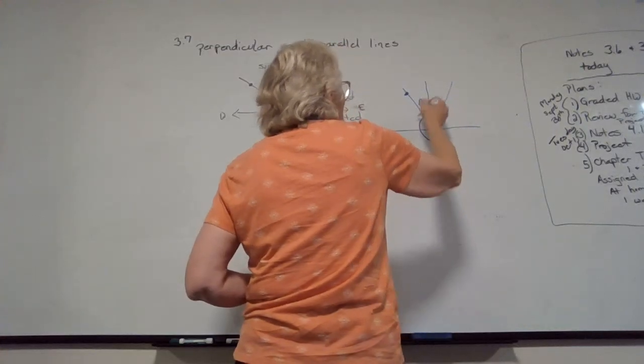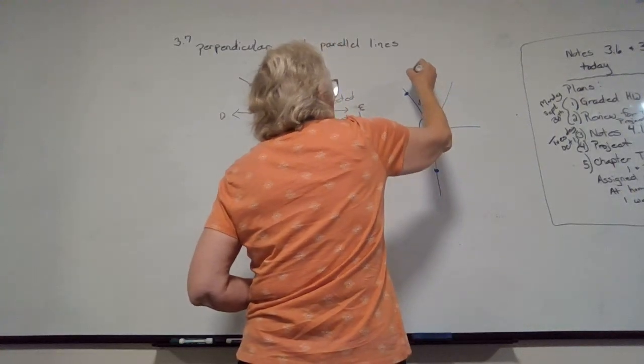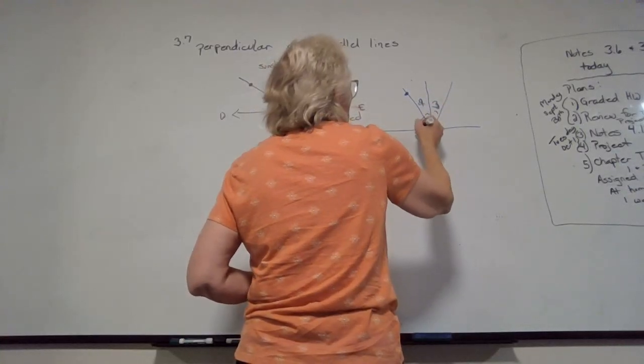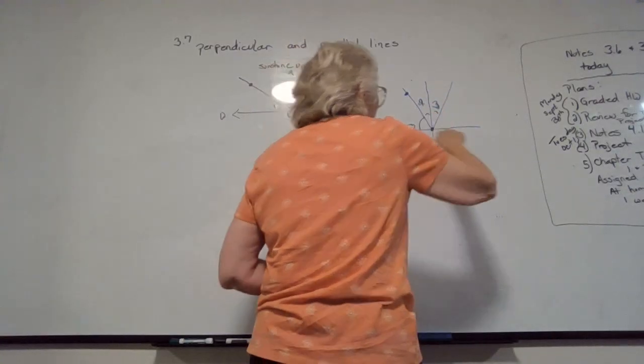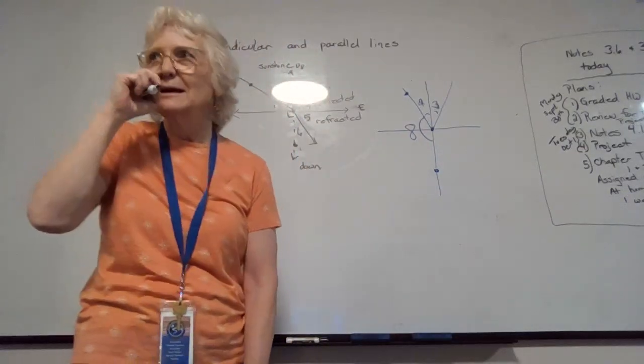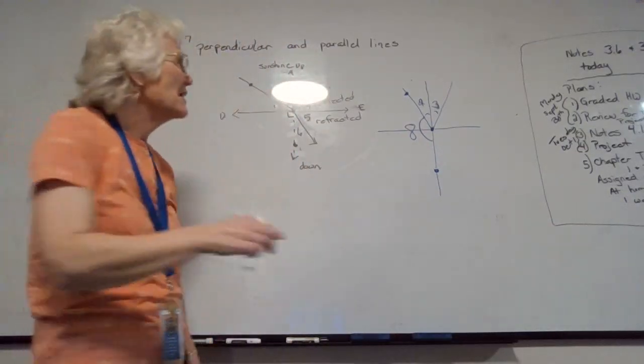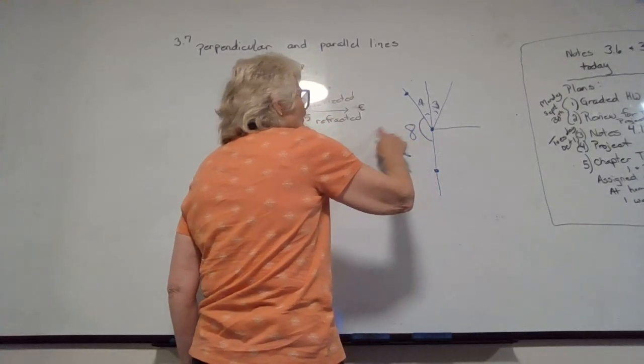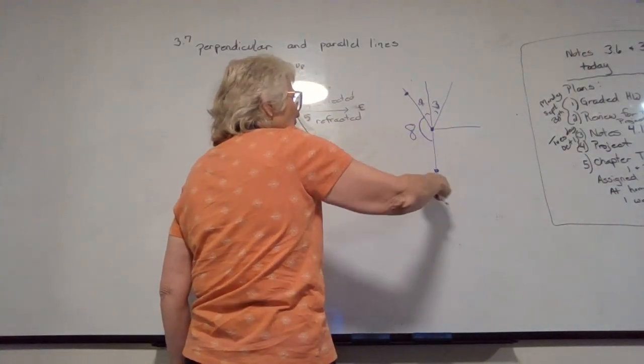This is your big angle. Let's call this, for right now, 8. And 8 is the whole angle there. Okay, does that make sense? I could take this one out so you don't see it. And so that's the angle that we're looking at.